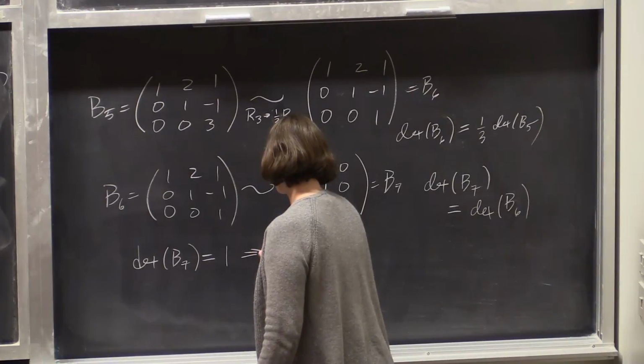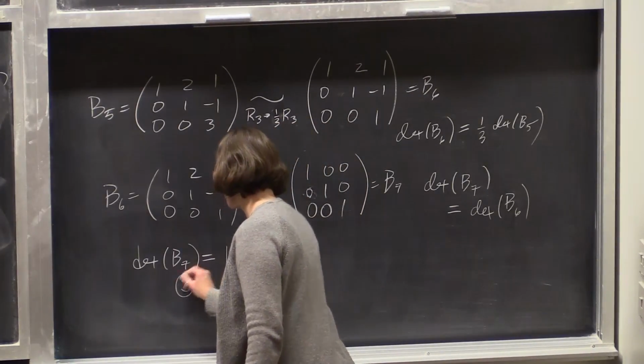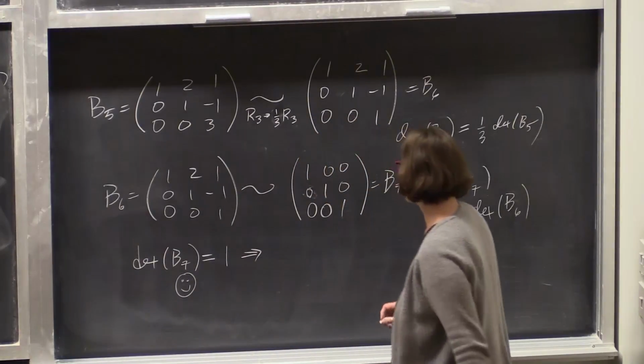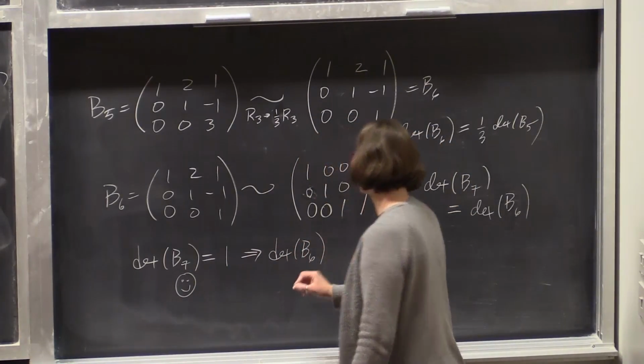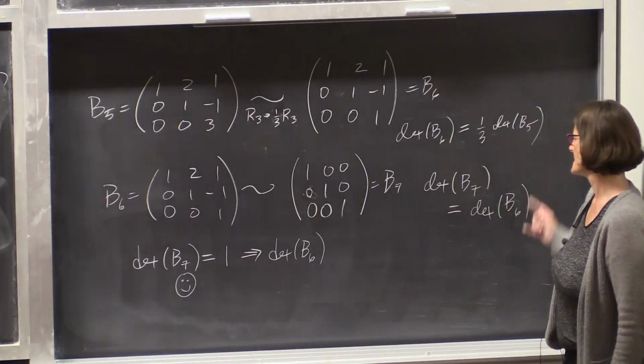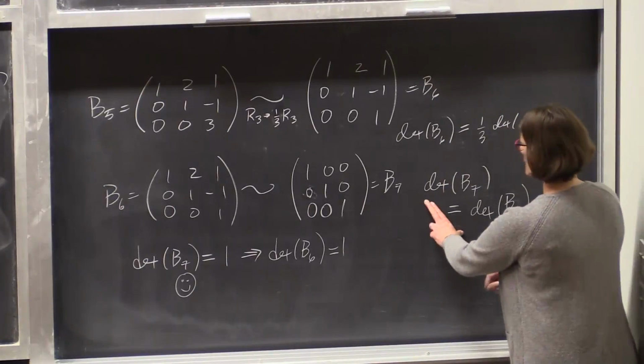Now, this tells us, because it was easy to compute, you always start at some point that's easy to compute. This tells us that the determinant of B6 is what? 1. We use this.